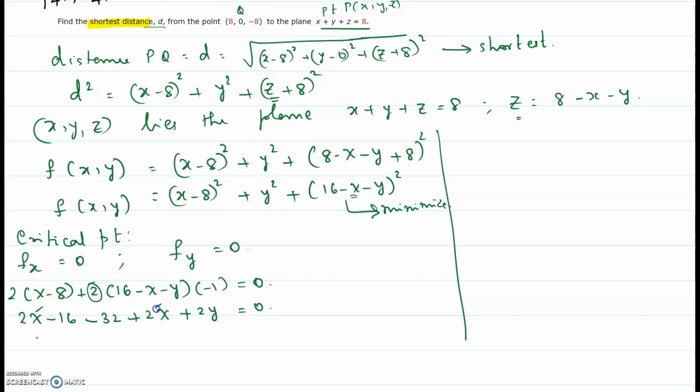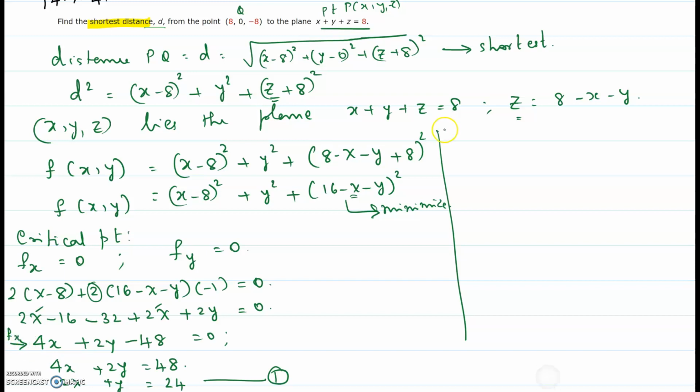So it will be 4x plus 2y minus 48 equal to 0, or 4x + 2y = 48. Or 2x + y = 24 if you reduce. Call it equation 1.